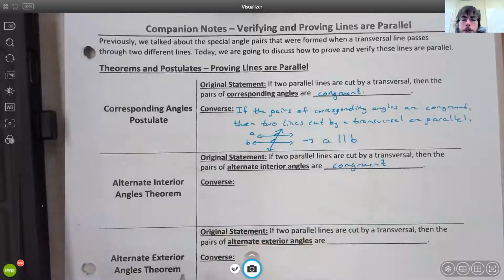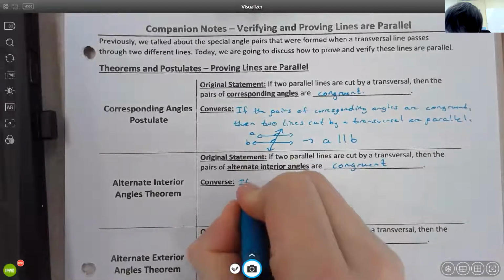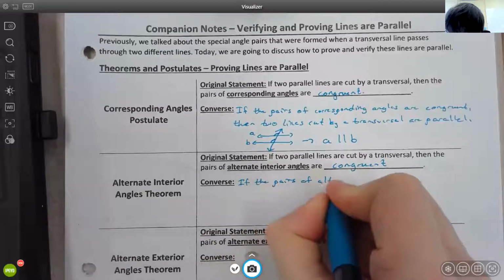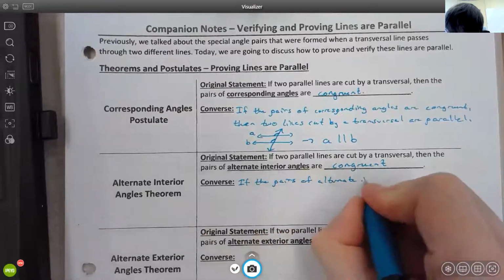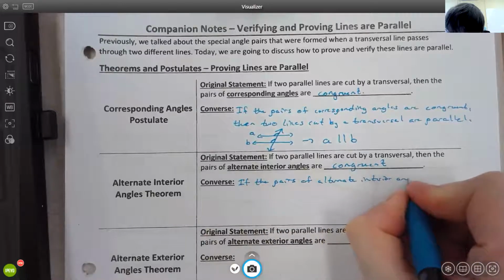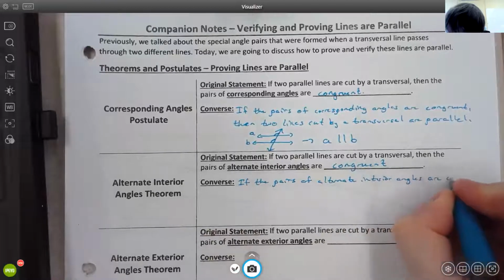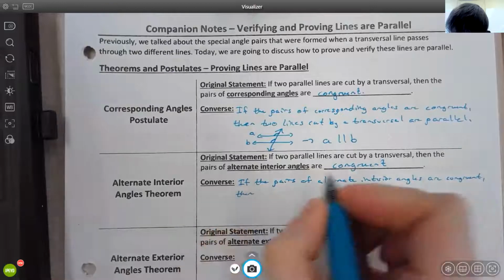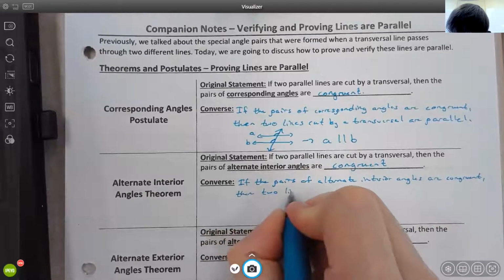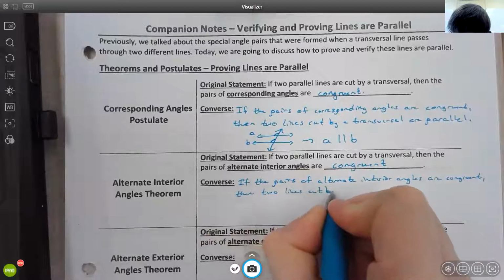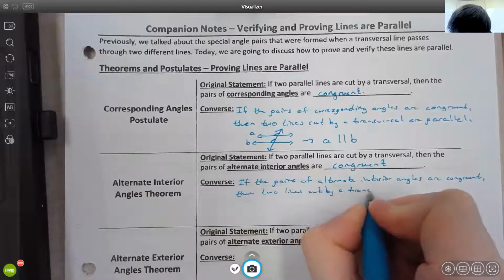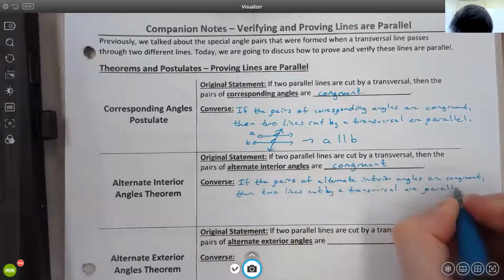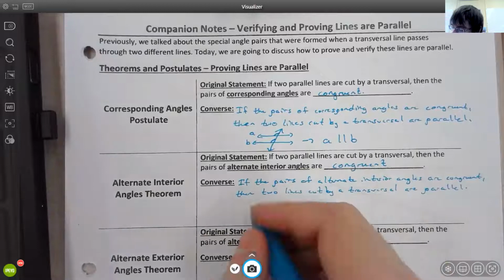So our converse would be: if the pairs of alternate interior angles are congruent, then two lines cut by a transversal are parallel. Again, we're going to draw a diagram to signify this.